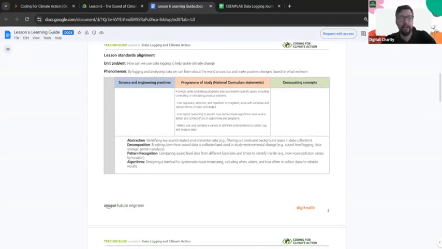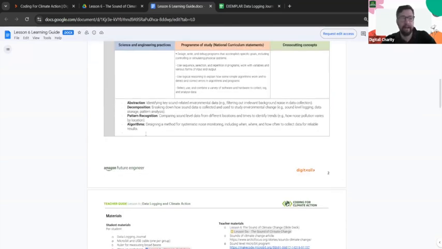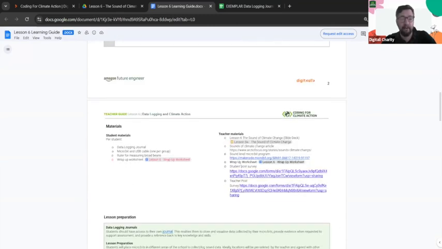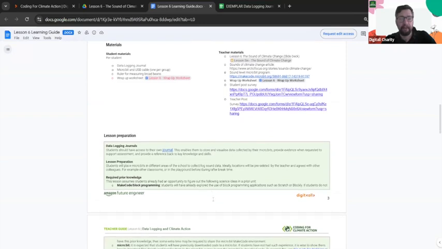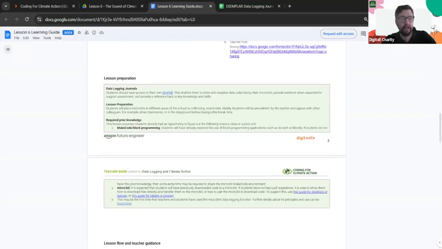Of course, we've got the national curriculum links, computational thinking links, and all of the resources and things that you might need for the lesson. Of course, some lesson prep as well. This lesson does involve going around using the microbit to log sound levels. Okay, that's the data logging that's happening.